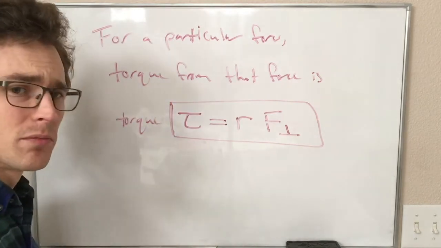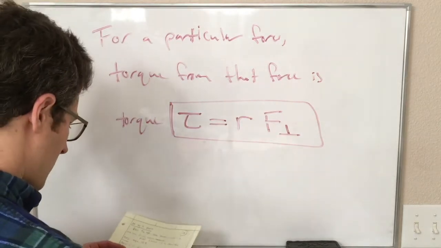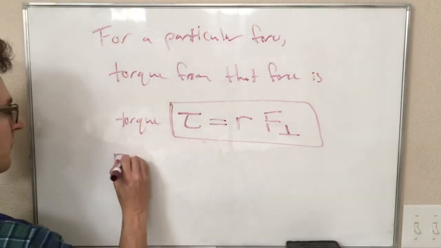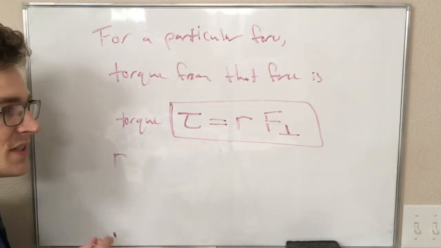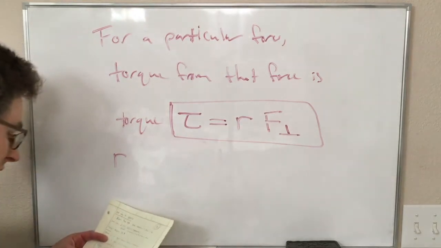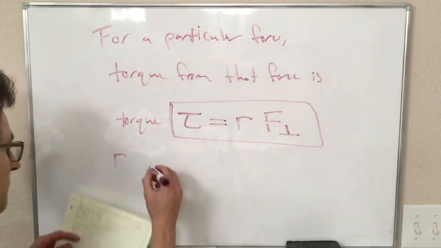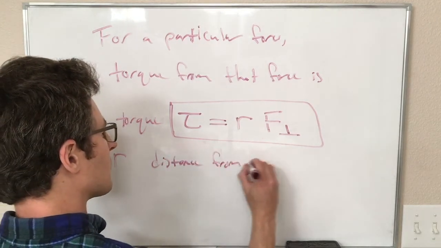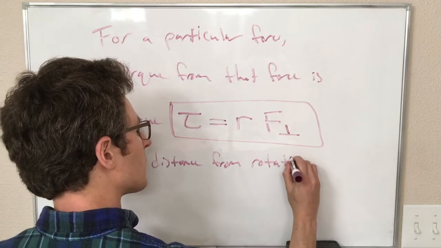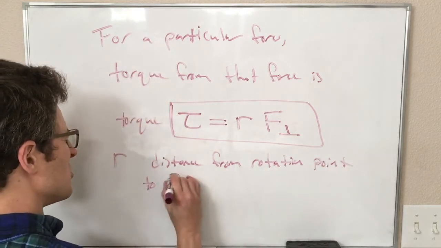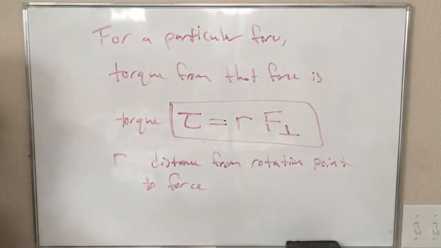And now before we go further, we kind of have to define what's going on with these. So our variable R here is the distance from a designated point called the center of rotation, or we can also call that the rotation point, to where the force is acting.